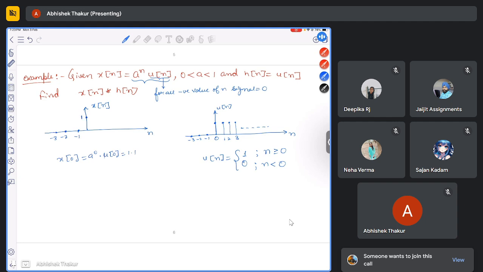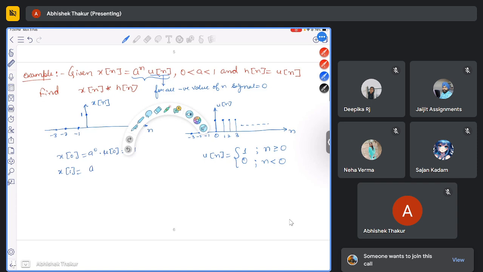Now when you increase n, for x[1], that is equal to a to the power of 1 times u[1]. So that is equal to a into 1. The value of a is between 0 and 1, so somewhere let's suppose here.